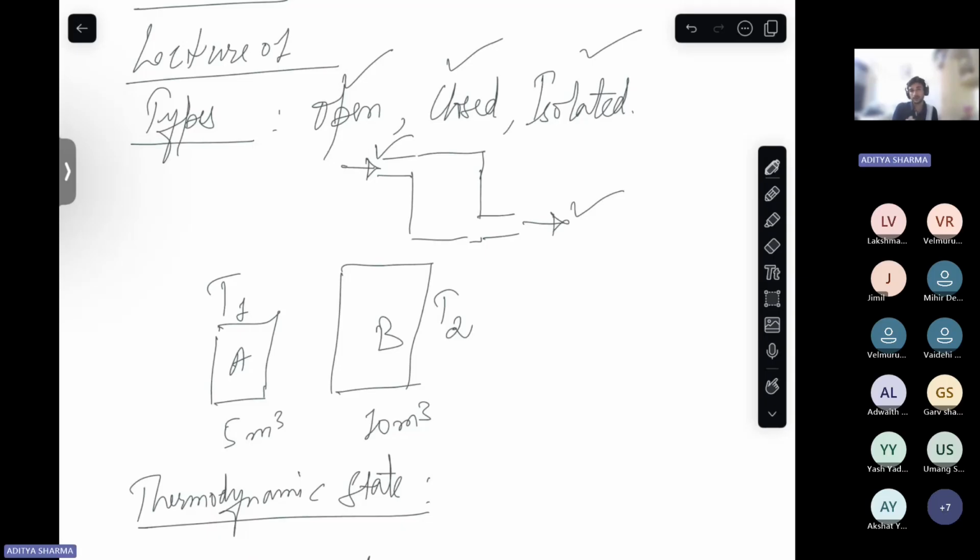So here mass is entering. If we define this as our system of interest that you want to study within the dashed boundaries, mass is entering, mass is exiting, and this is an open system.